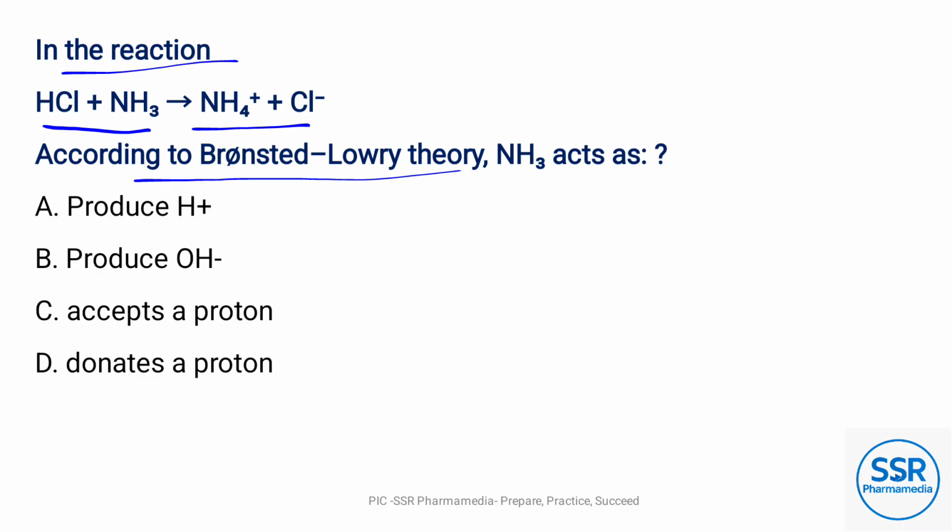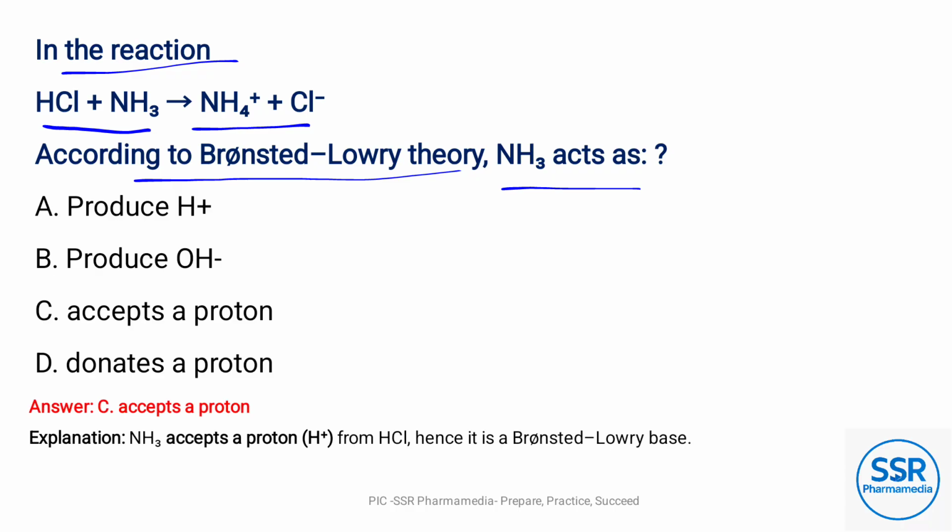According to Bronsted-Lowry theory, NH3 acts as what? NH3 accepts the proton from HCl, so it acts as a base. NH3 accepts the proton from HCl and forms NH4 plus. So it accepts the protons.